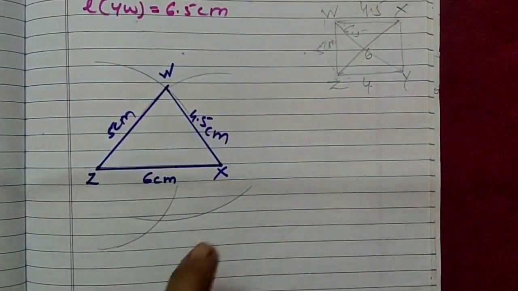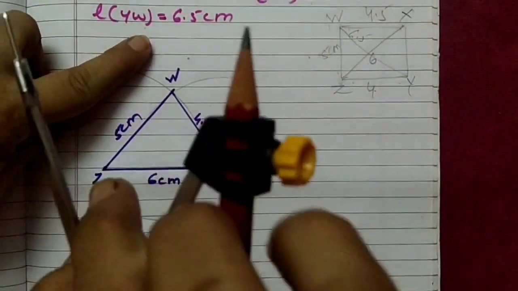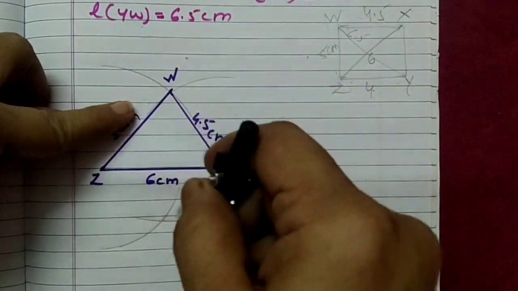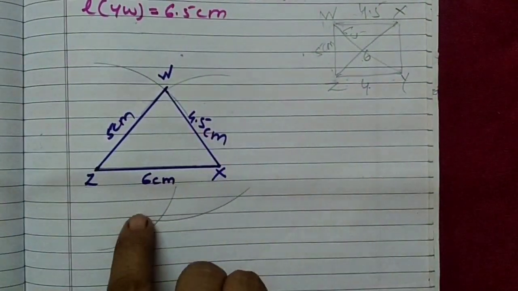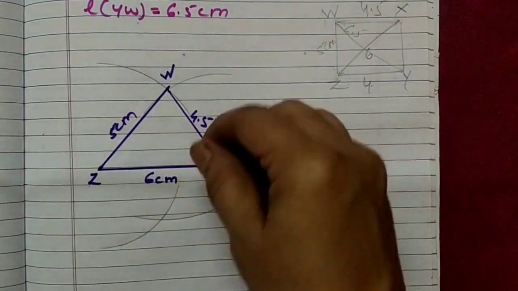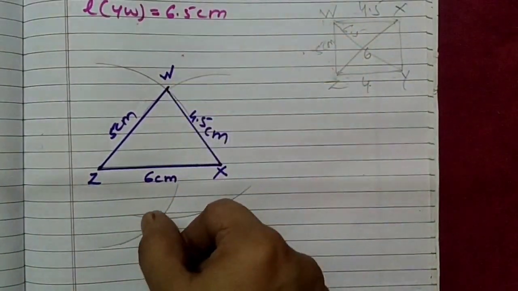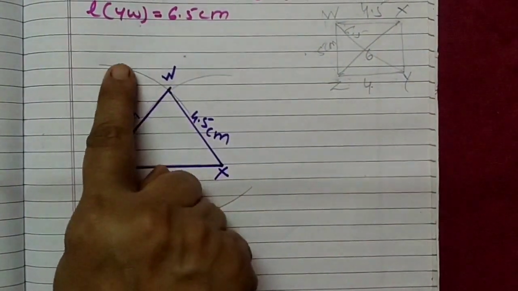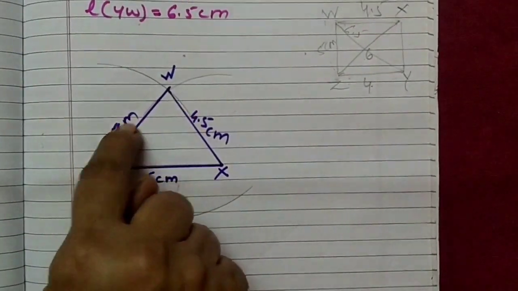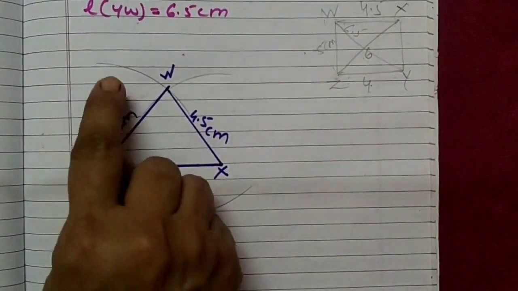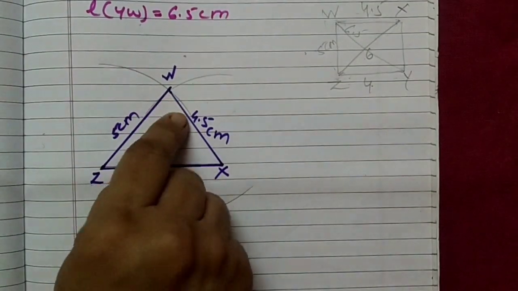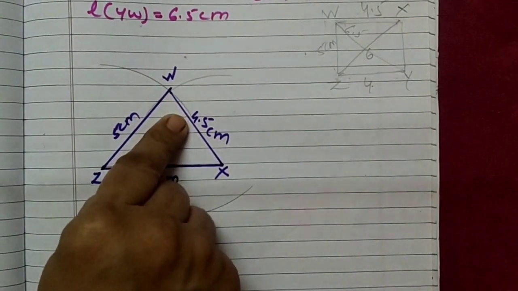Okay, what is the meaning of why we draw this arc? It means that all the points on this arc are at a distance of 6.5 from this point. When I drew this arc of 5 centimeter, it meant that from Z each point over here is at a distance of 5 centimeter.